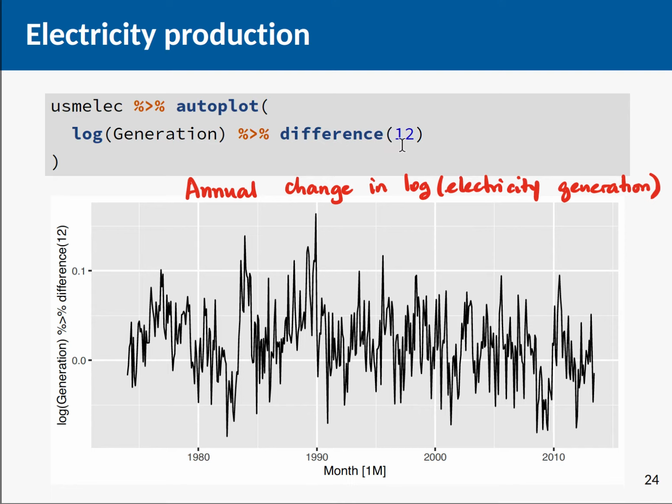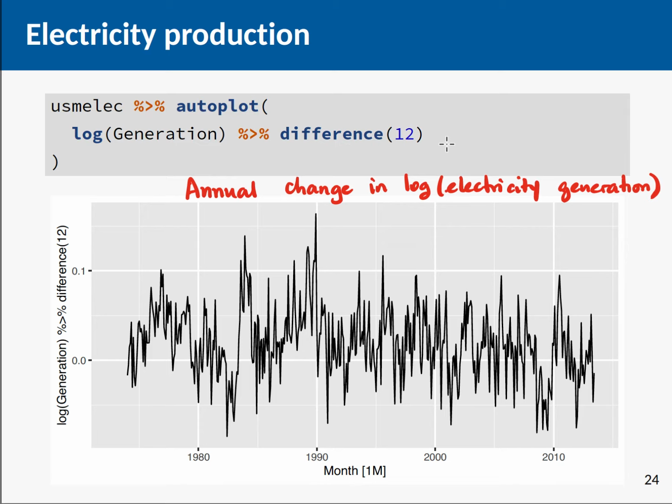And we can say difference it seasonally. So when we say 12, we are saying that we're going to construct the changes as follows. We're going to take January of 2010 minus January of 2009, and so on and so forth.